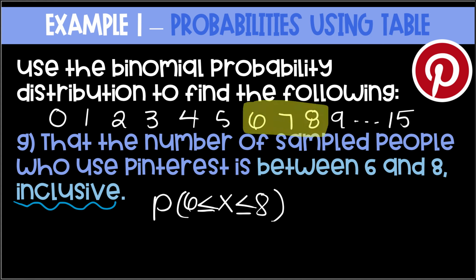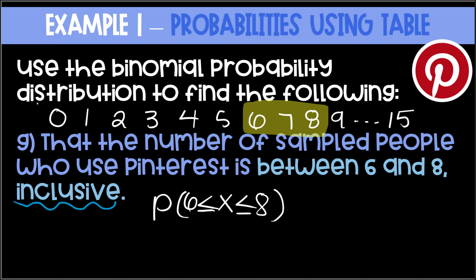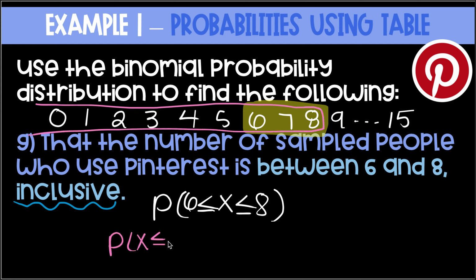My calculator only gives me the probability of that value and smaller, which means I will compute first the probability of up to 8 users, the probability of X is smaller than or equal to 8, and then I'm going to subtract whatever I don't need. I'm going to subtract the probability of up to 5 users, including the 5, so I'm going to be using the command CDF.